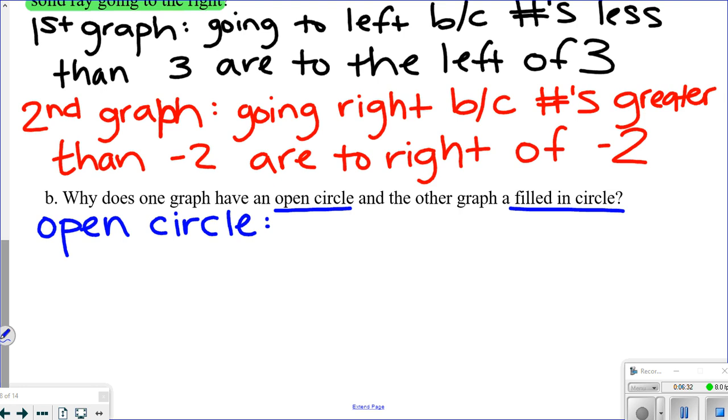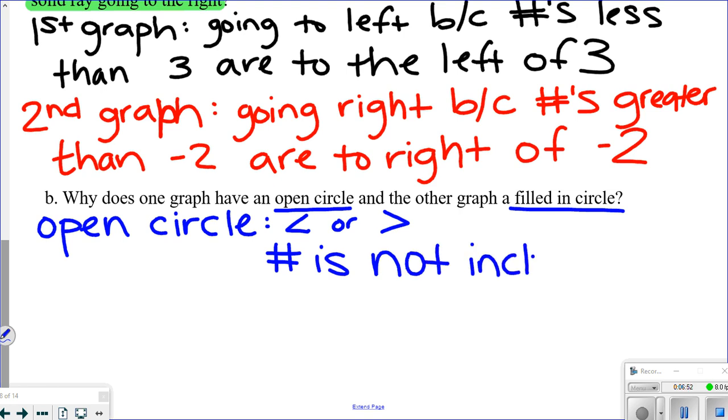So whenever we have a less than or a greater than symbol, we're going to have an open circle, which means that the number, or that value, is not included. It's not a solution. It's not an answer.